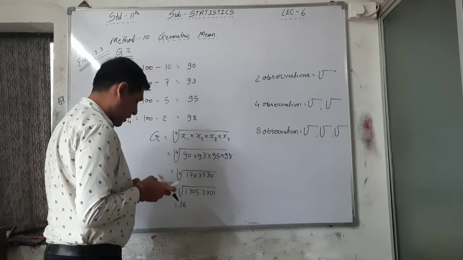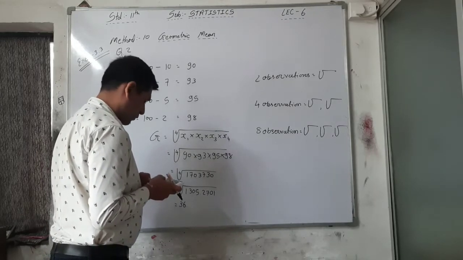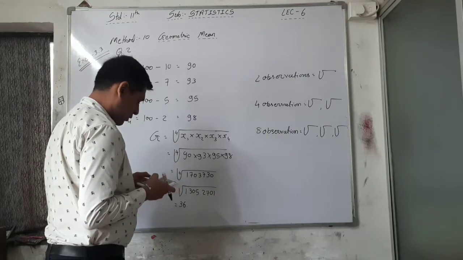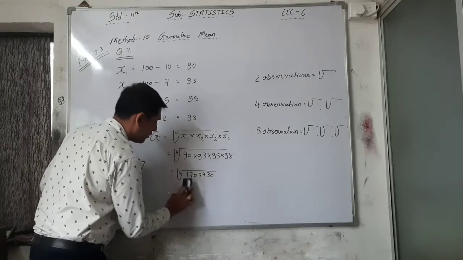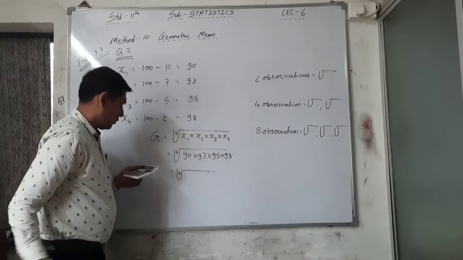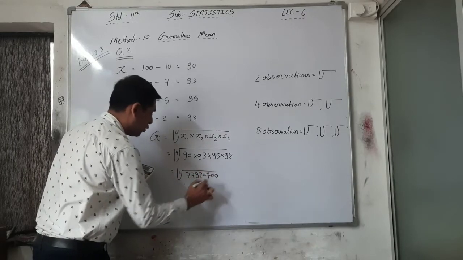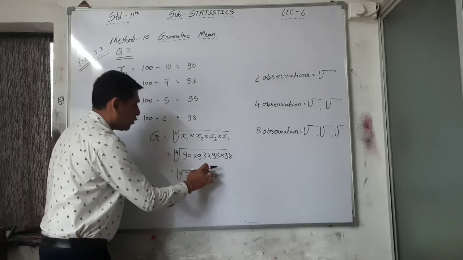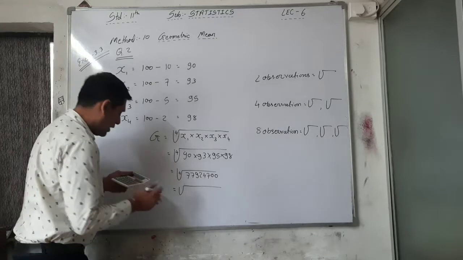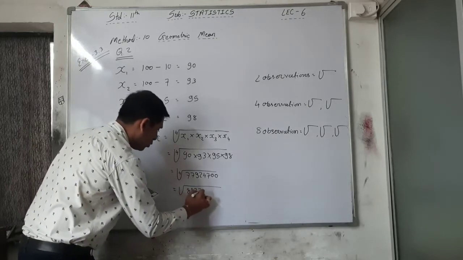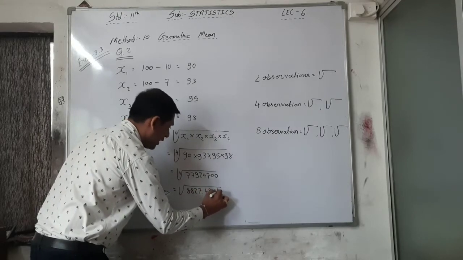See, something is wrong. 90 into 93 into 95 into 98. Sorry, the multiplication is wrong here. It is 77924700. Right? Now the square root of these, 8827.4968.